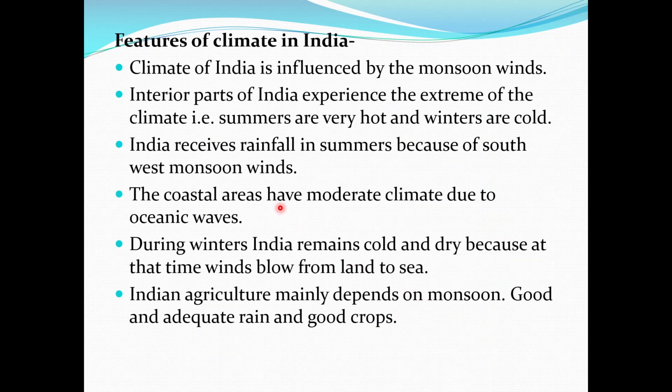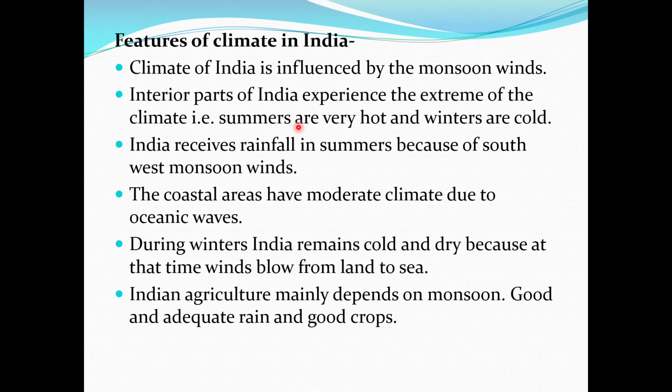And now we'll talk about the climate in India. What features are there of the climate in India? Firstly, as I have already explained, India has monsoon winds, and India's climate is called monsoon type, and it comes in the temperate zone. The interior parts of India, like our northern part and the middle part, have an extreme climate, which means summers are very hot and winters are very cold.